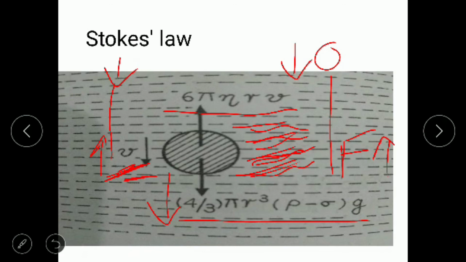At a point, as the velocity keeps on increasing, the viscous force will be equal to the downward force. The net force on the ball then will be 0 and the ball attains a constant velocity called the terminal velocity. This V is referred to as terminal velocity, when the velocity becomes constant because downward and upward force will be equal.